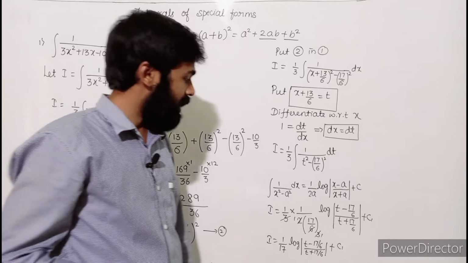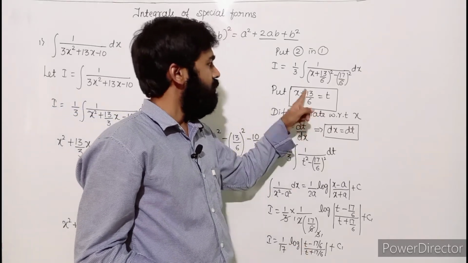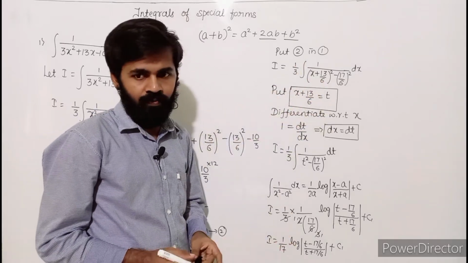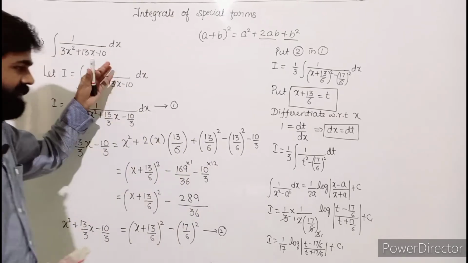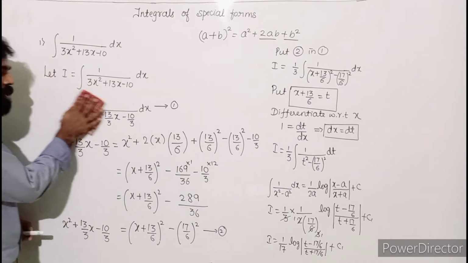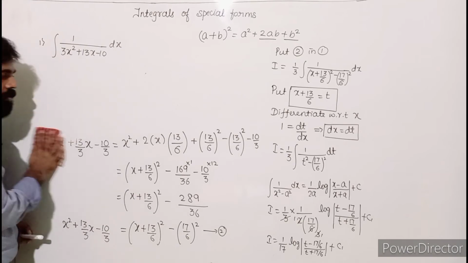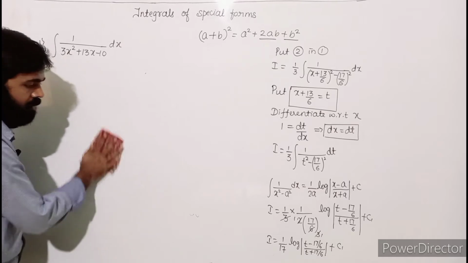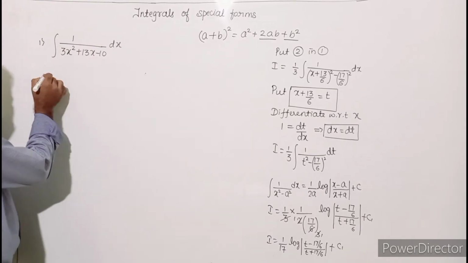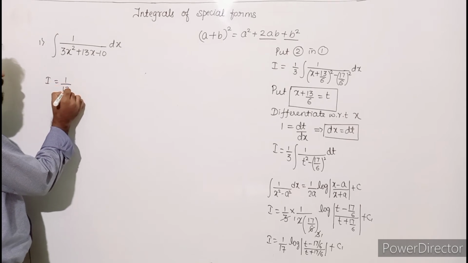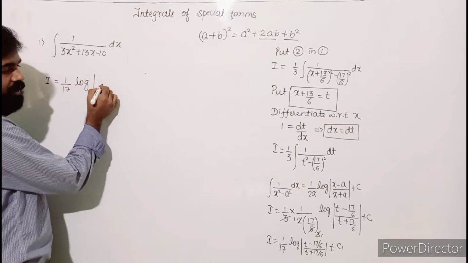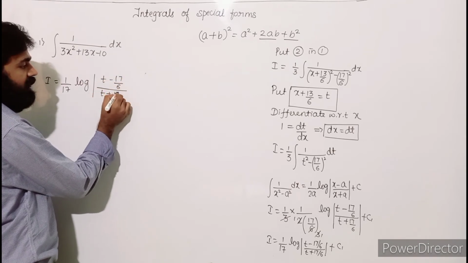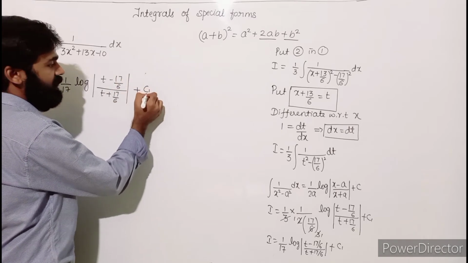Now what to do? You have to substitute the value of t. Value of t is x plus 13 by 6. I should substitute that, so I'll just erase this part. What we have: I equals 1 by 17 log of mod of t minus 17 by 6 divided by t plus 17 by 6 plus constant of integration c1.